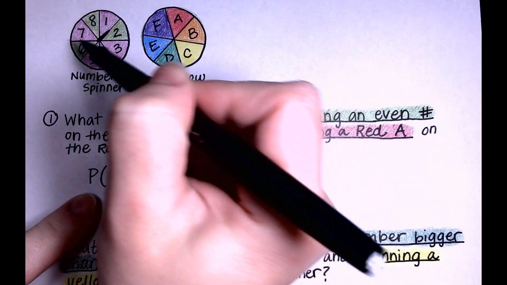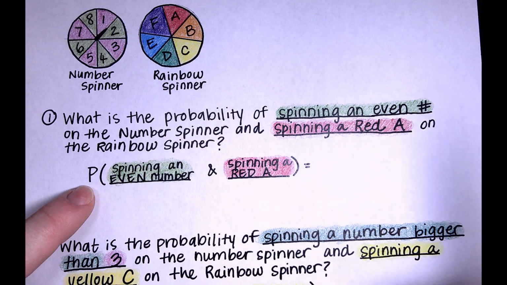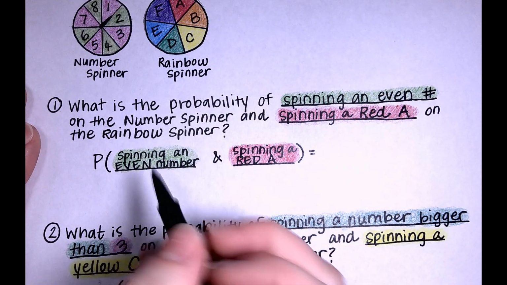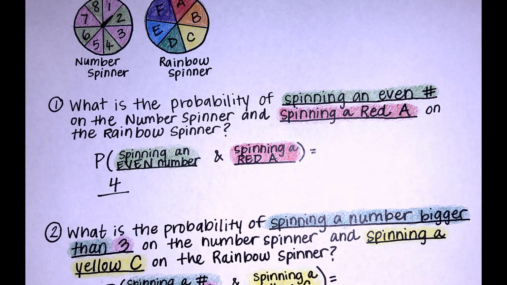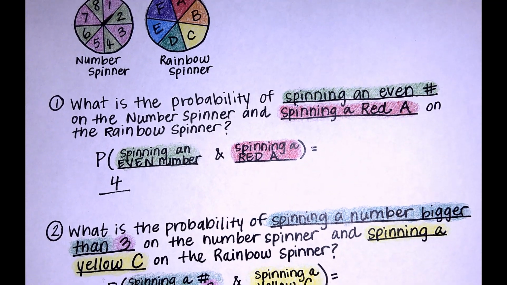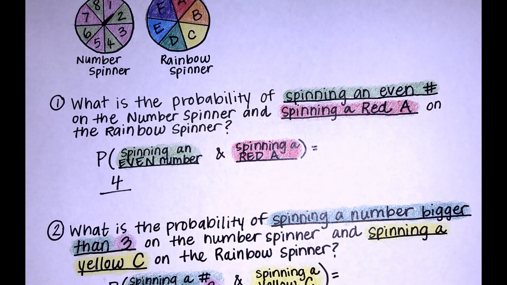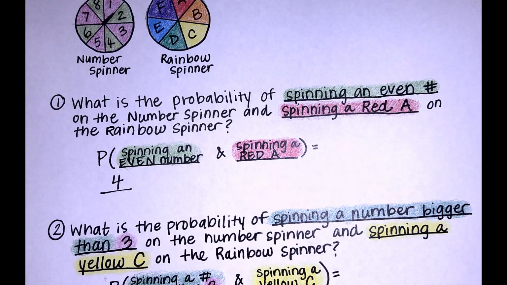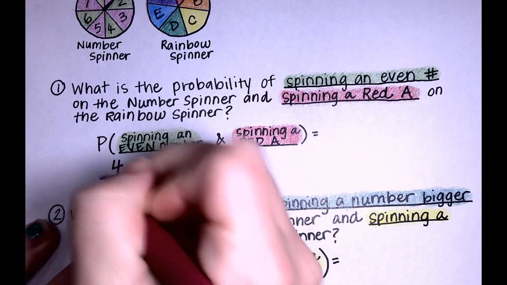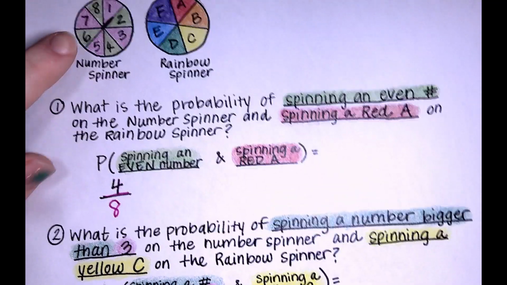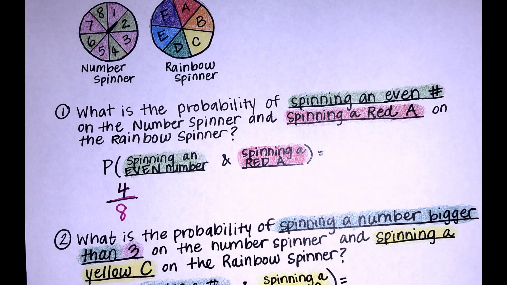Okay, 2, 4, 6, and 8. Those are all my even numbers. So how many evens are there? 4. And how many numbers are there on the spinner? 8. There are 4 even numbers, and there are 8 numbers on that spinner total. So we've got that fraction.